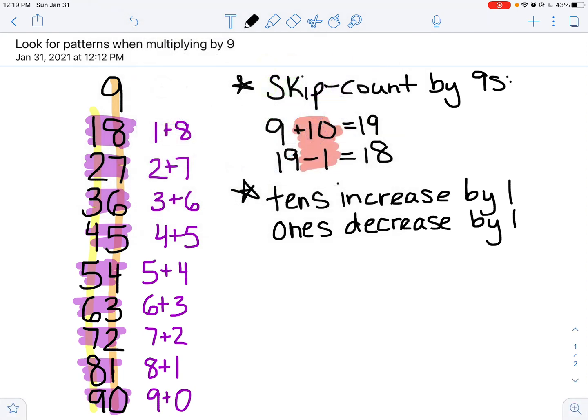Wow! All the digits in our skip counts by nines, our answers to multiplication facts in nines, will always add up to 9.